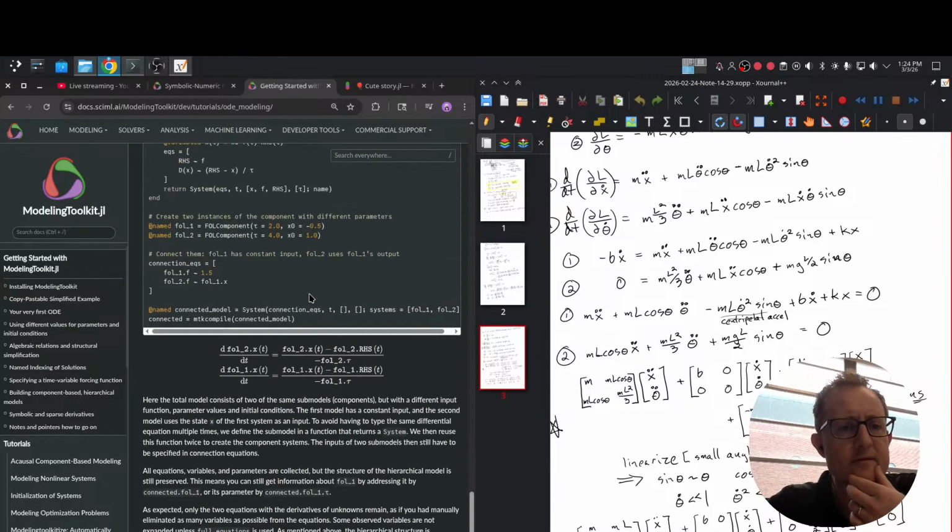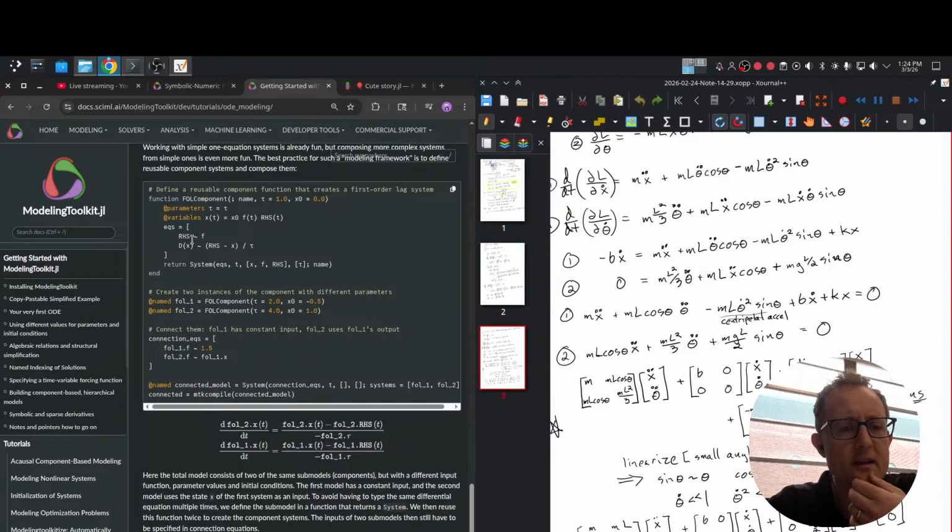So if I have two connection equations, let's see. First order lag system. System EQs. So here's my equations, time.